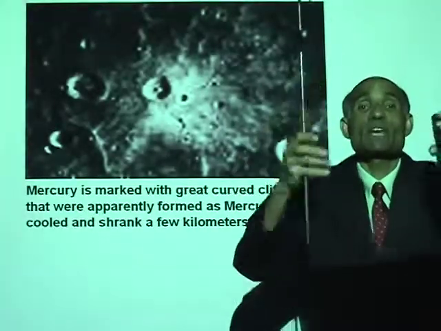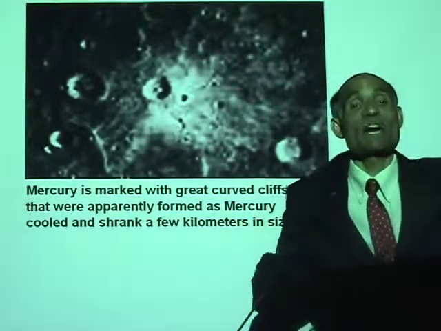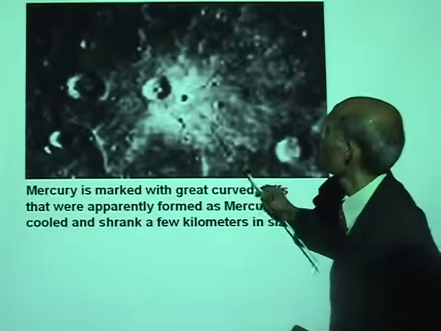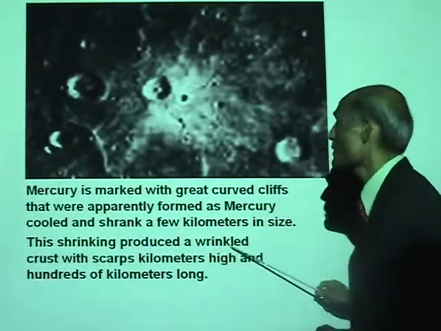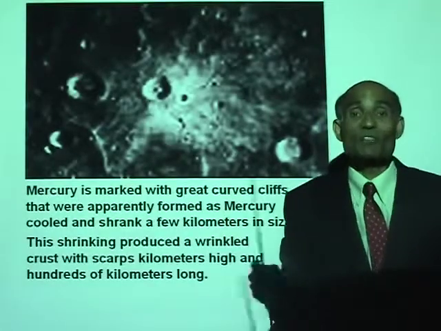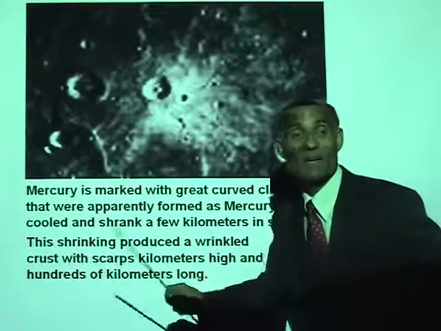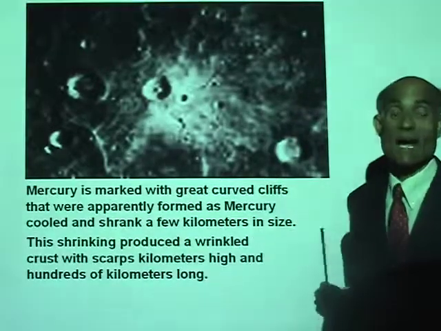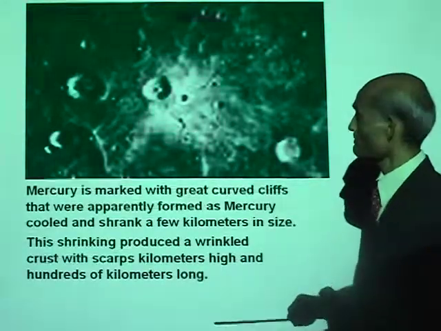And as a result of shrinking, it produces the curves, the ups and downs, and that is the surface features you see there. The shrinking produced wrinkled crust. Earth also has a wrinkled crust caused by the cooling and solidifying of molten rock.